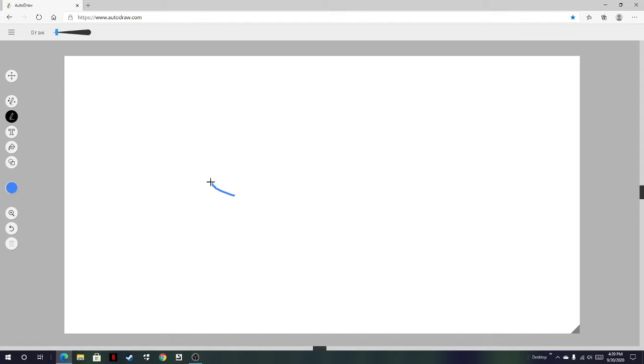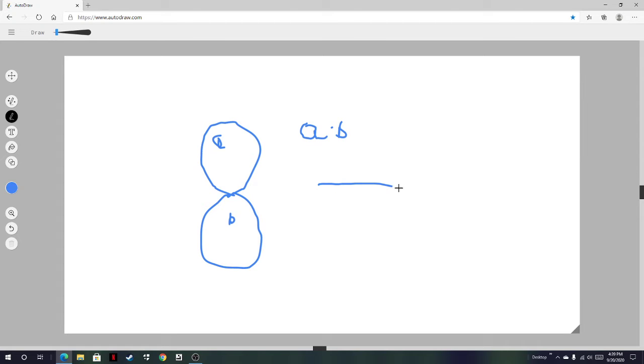So what if you put two loops together like this, and they all have the same endpoint? Let's call this one A and this one B. You can think of a loop as a car driving around it, and a loop A times a loop B. You could draw 0 to 1.